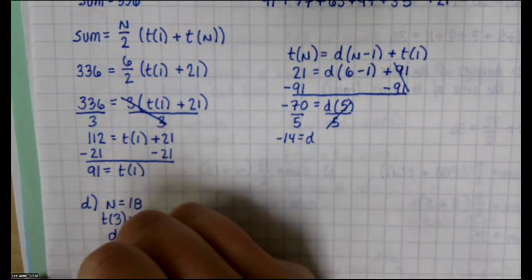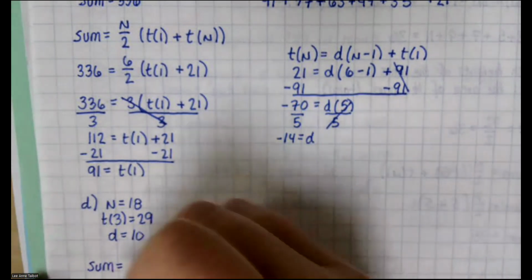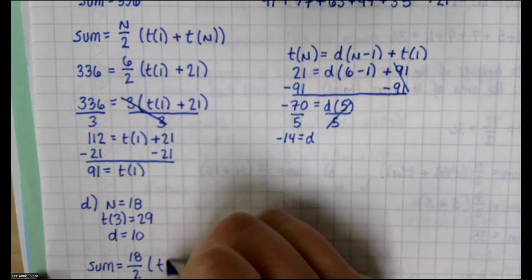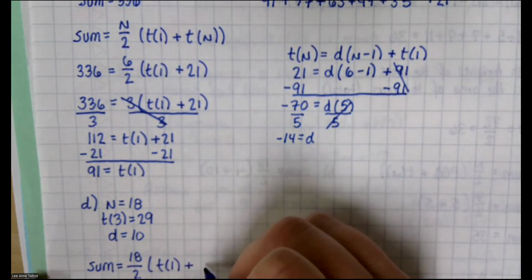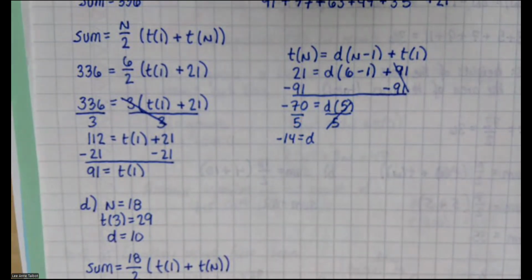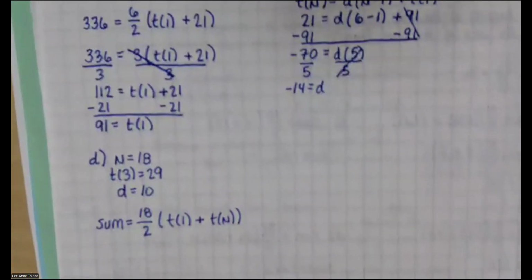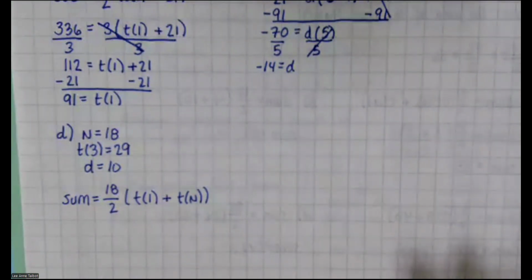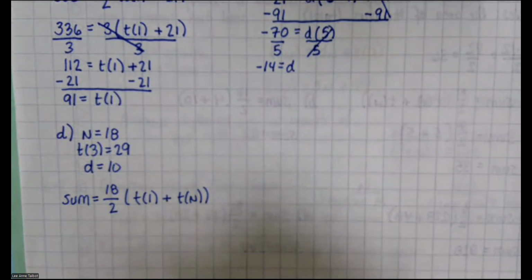Okay, let's try to do this. Sum equals n over 2. Oh no. Cripes. I don't know the first term or the last term. What do I do when something's missing? Equation.